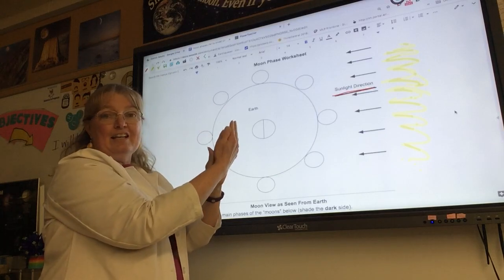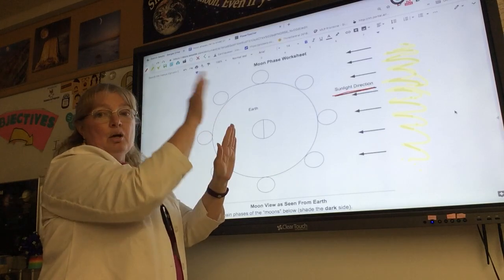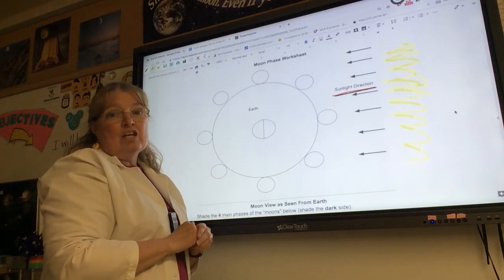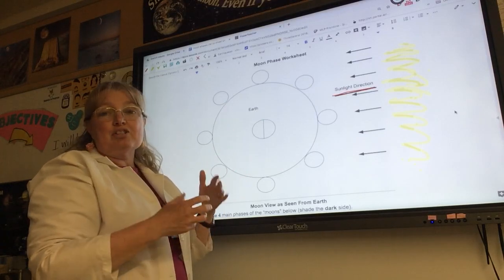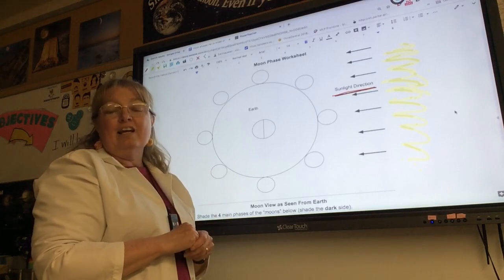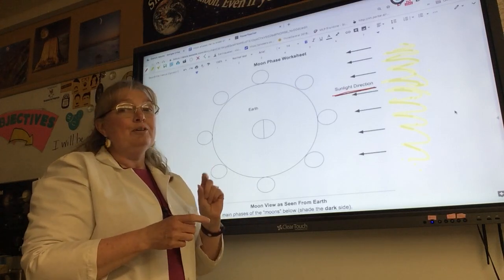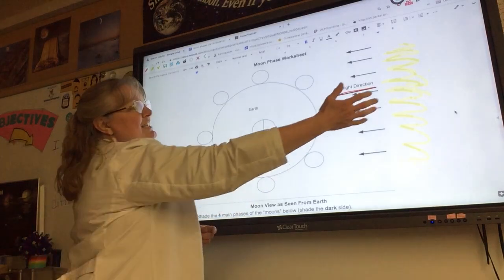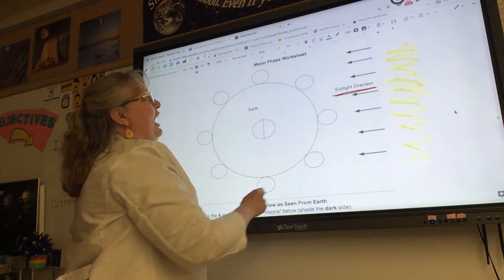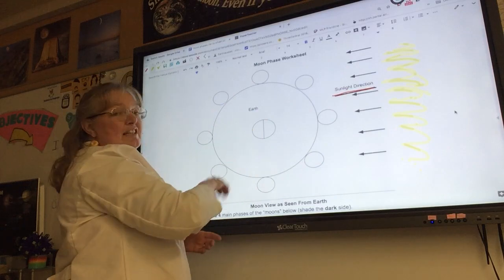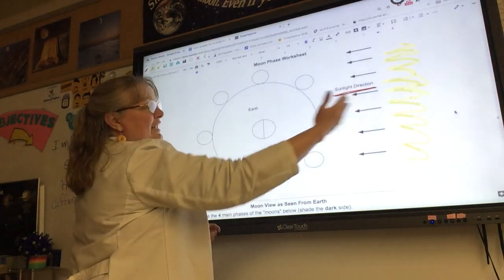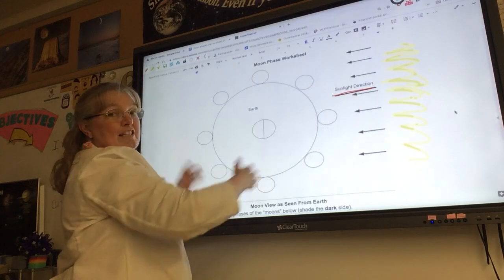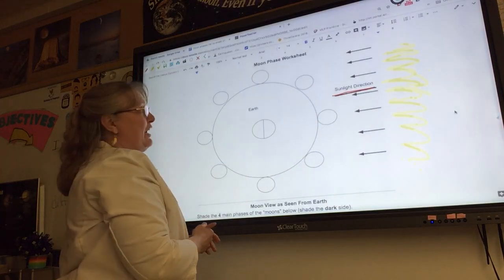The light hits the side that's facing the light, but the side facing away from the light is not bright. So in this case, we want to make sure we have that and we realize it. And if you've done the tennis ball moon, you know exactly what I'm talking about. So we've got the sunlight coming in from this side, and it's going to hit the spheres with the light on the side coming from, and the other side is going to be in the darkness or the shadow.